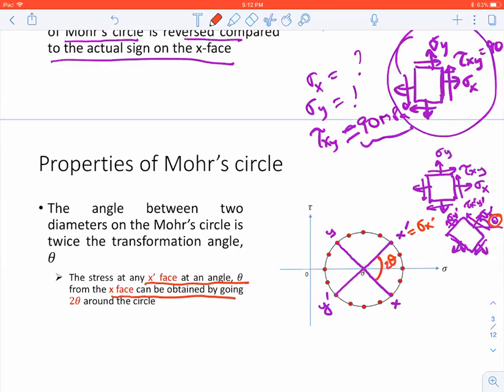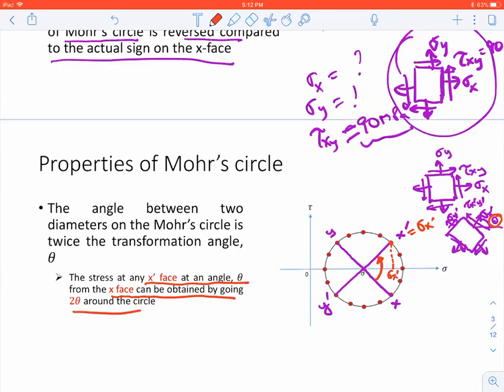If from the X face you go twice the angle theta, you will reach your X prime face, and you can directly read your sigma x prime from the Mohr circle.